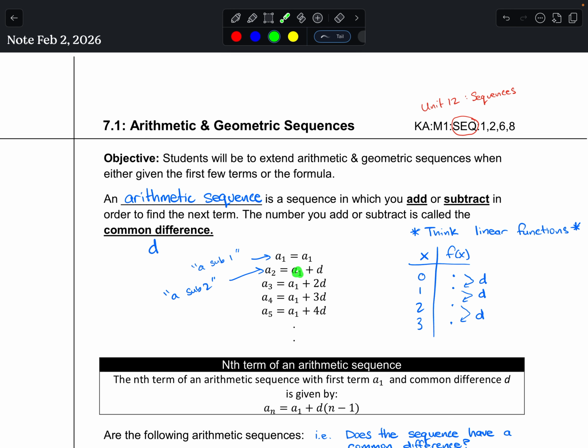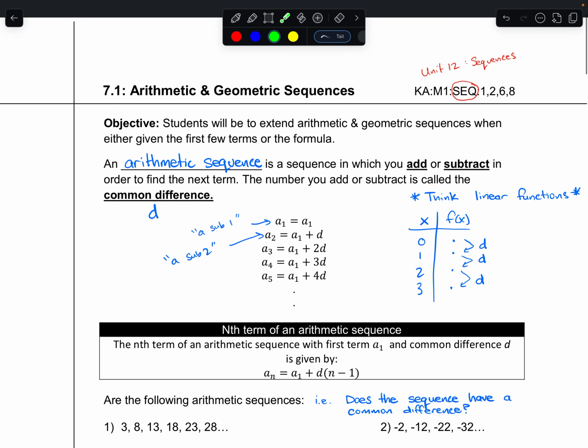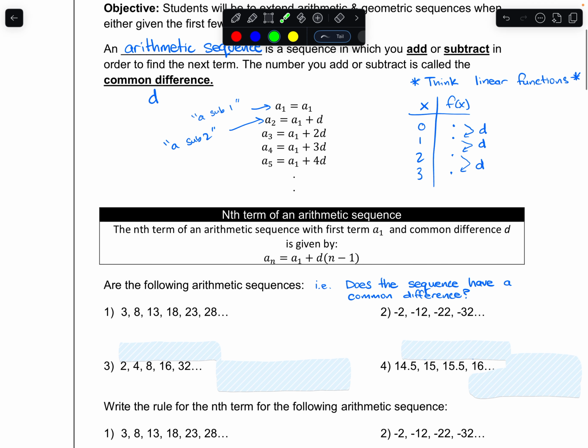To get to the second term, you take the first term and add that common difference. To get to the third term, you could take that first term and add 2 common differences. Or to get to the fourth term, you would add 3 common differences, and so on. But we're adding that same common difference from each term to the next.